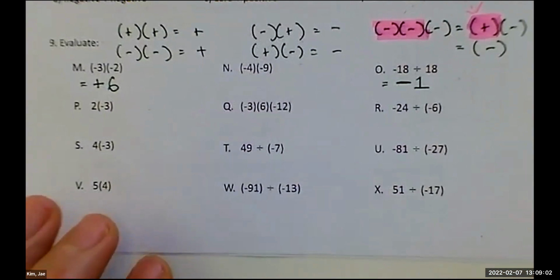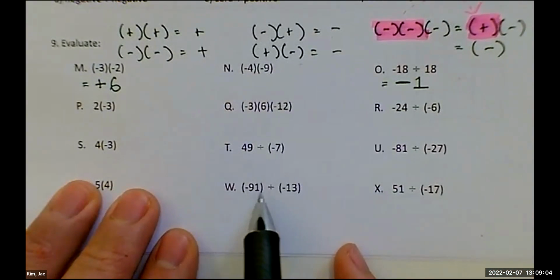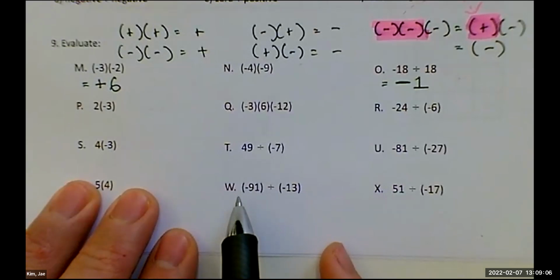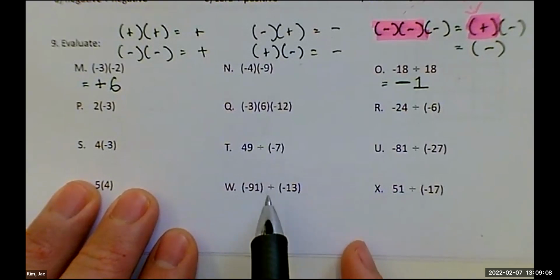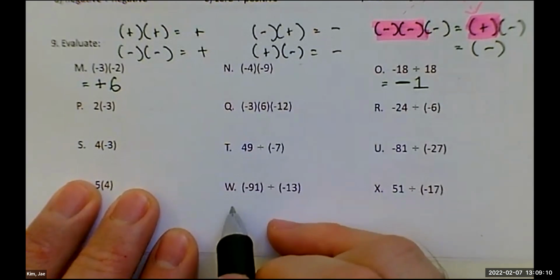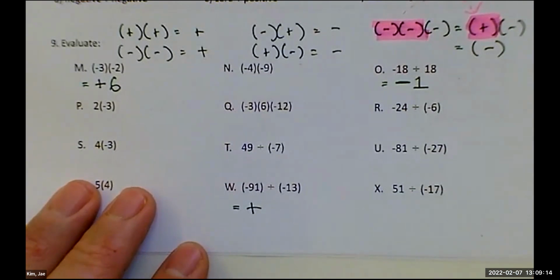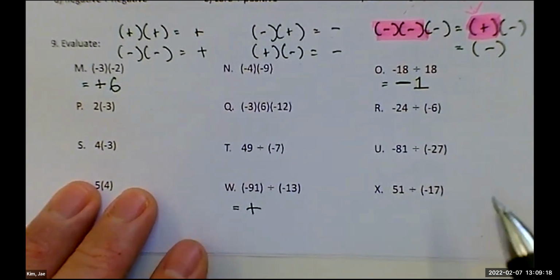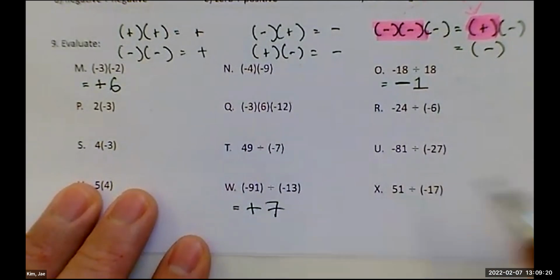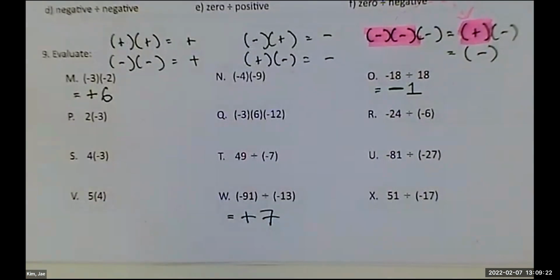If you want to use a calculator, you can. A negative divided by a negative. 91 divided by 13. I don't expect you to know that. You can use a calculator if you want to, but the answer is 7.